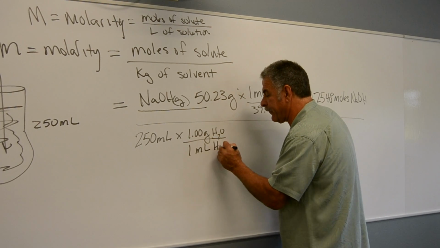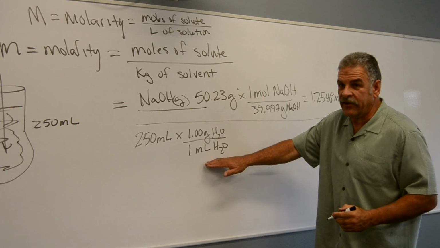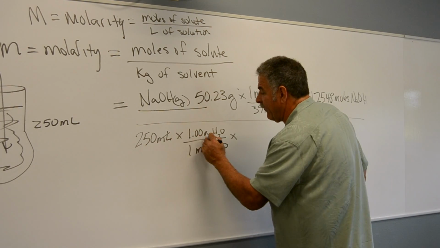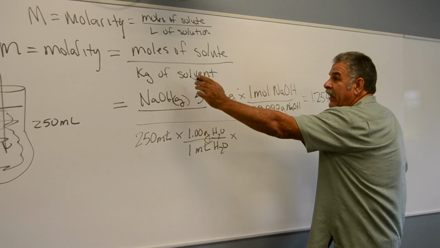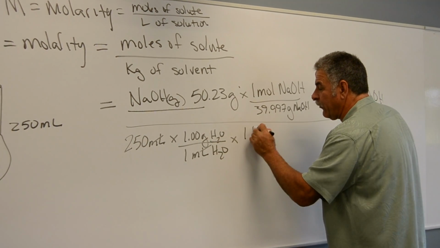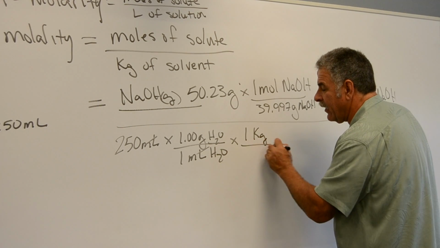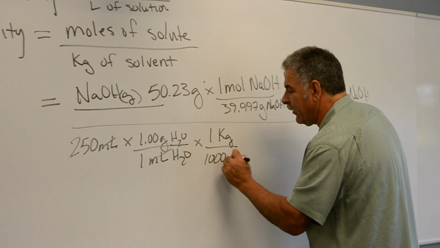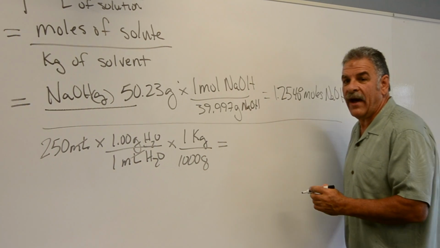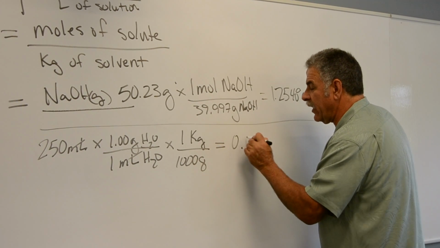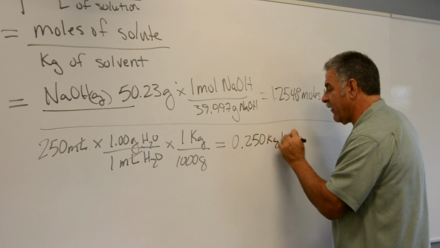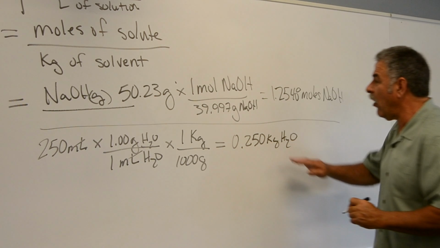Right? So we're using our density as a conversion factor. So now we're in grams of H2O, but we want to be in kilograms. So kilograms are bigger, so 1 kilogram is 1,000 grams. And if we do that math, we now have 0.250 kilograms of H2O, which is the solvent.